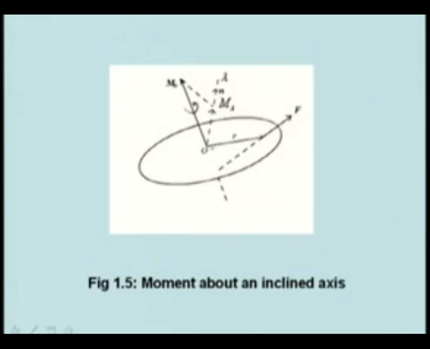Take the cross product r cross F, it will give you some vector. That vector is represented by M0. M0 is the moment of the force F about point O. Now, if you have got any arbitrary axis in the lambda direction and this unit vector is indicated by n, that means in this direction you take a vector whose magnitude is 1, then we have to find out M lambda, that means the moment of the force F about the axis lambda.